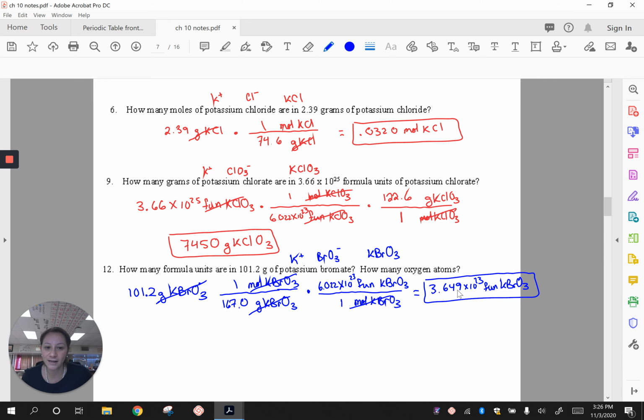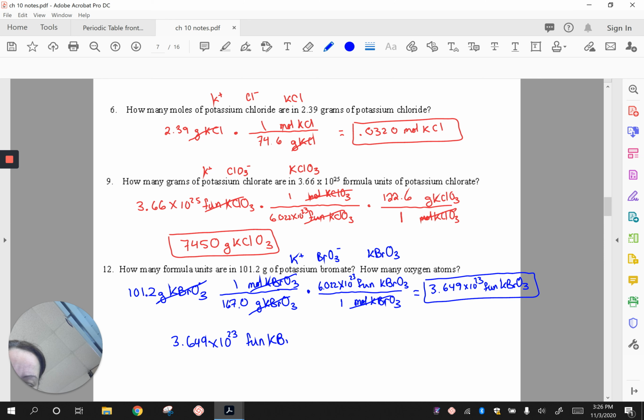So once I have 3.649 times 10 to the 23rd formula units of KBrO3, the easiest way is to do my conversion factor, put formula units on the bottom, and put atoms of oxygen.